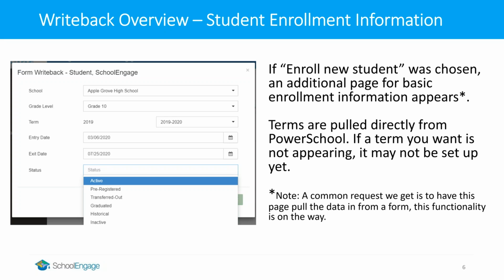One really common request that we've been getting from users is that they really wish that some of these fields could be pulled more directly from the form, so that if they indicate that they're starting late, it can just put that into this entry field. That is feedback we have gotten, and we will be doing that in a future update before the next school year starts. So before August is going to be when a lot of those admin assistants are going to be coming in for the year.